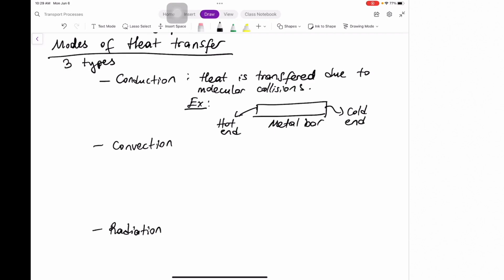Any guess? Hot to cold. Exactly. So the heat is being transferred from hot to cold. This is going to be the direction of the heat transfer, and we call it the direction of conduction. So it's not convection, it's not radiation, it's conduction, because the mechanism that transports the heat is the collision of the molecules.